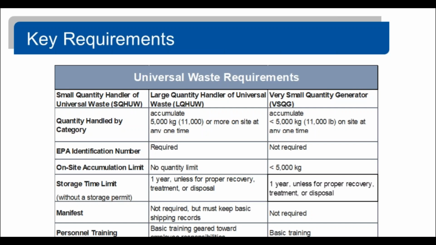So the separate category for universal waste handlers changes the reporting status. That is pretty much the only thing that you will see affected, the amount of reporting that is done. So quantity handled by generators: a small quantity handler of universal waste, less than 5,000 kilograms or 11,000 pounds on site at any one time, is not required federally to have an EPA ID number.